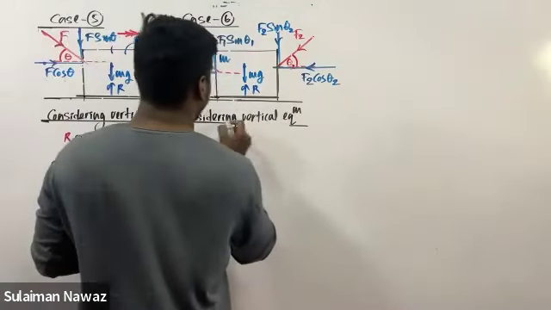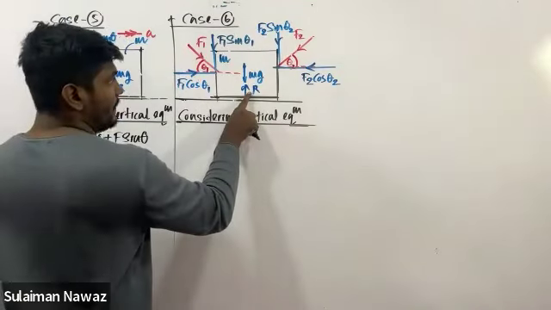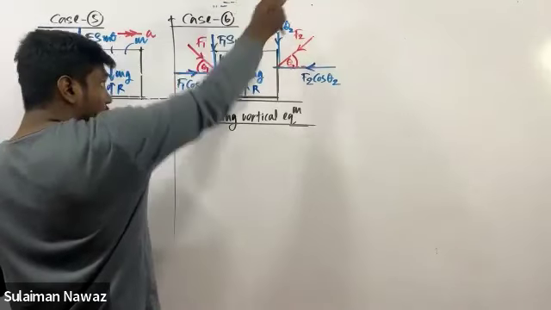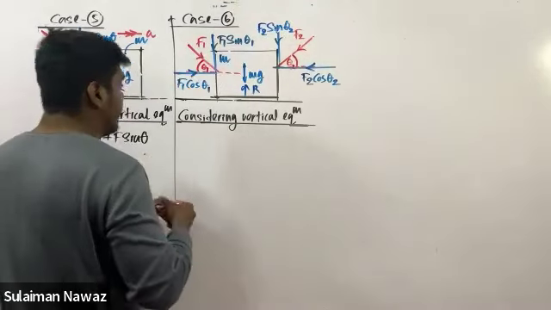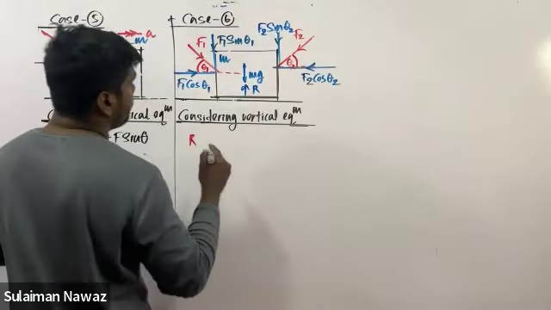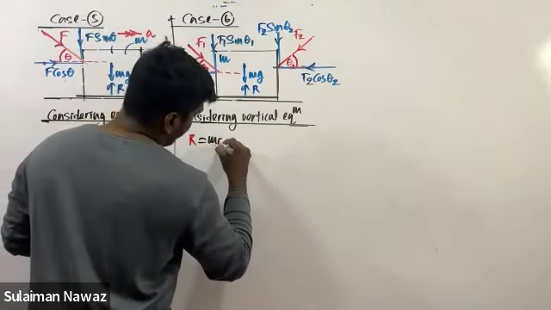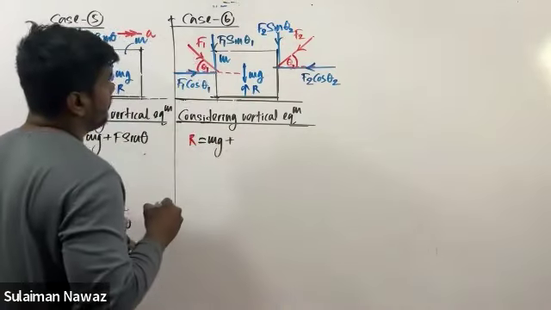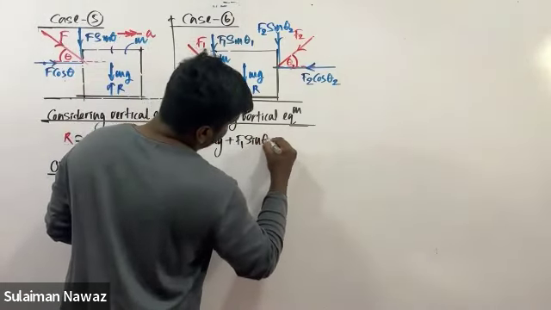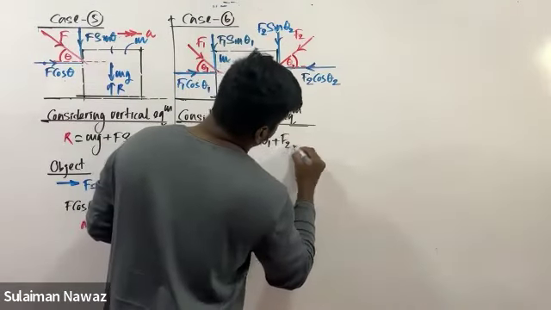Considering vertical equilibrium, you can write down: upward force R; mg, F1 sin theta 1, F2 sin theta 2 downwards. Therefore, R, the normal reaction force, equals mg plus F1 sin theta 1 plus F2 sin theta 2.